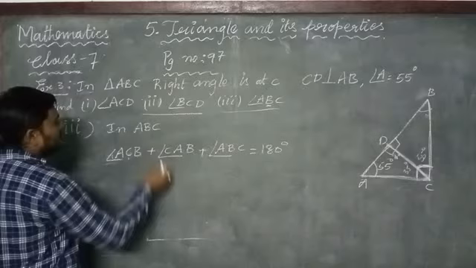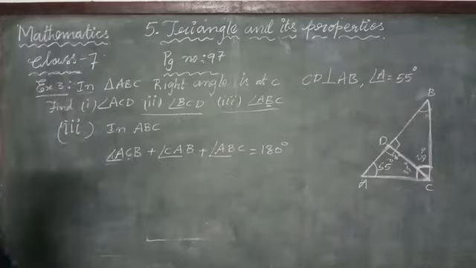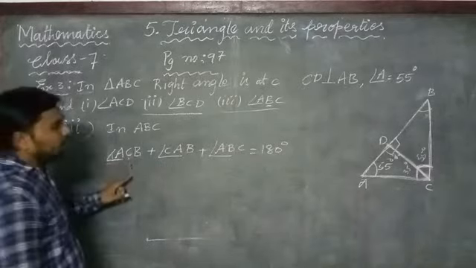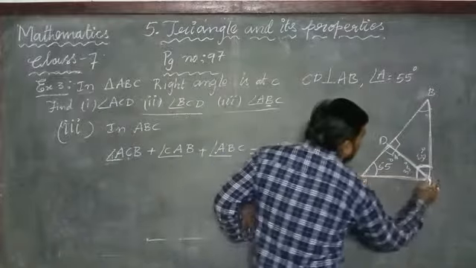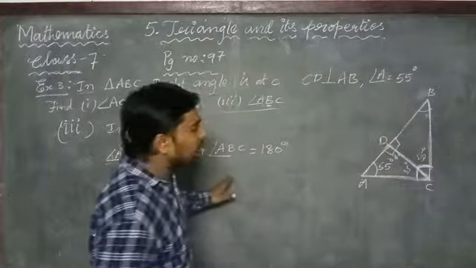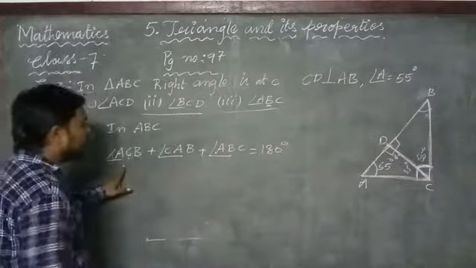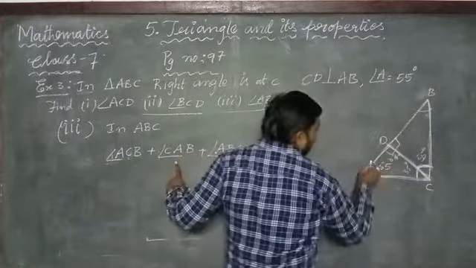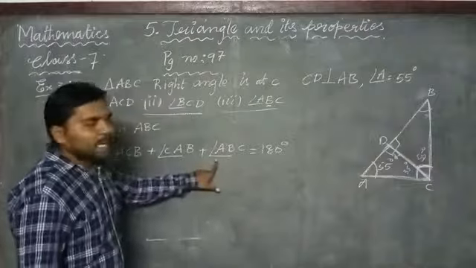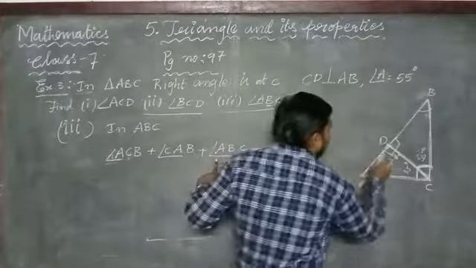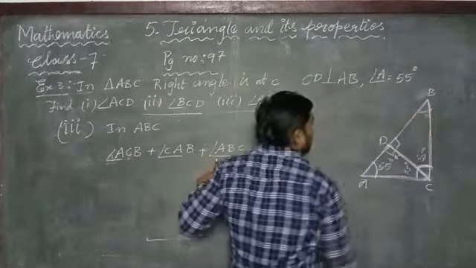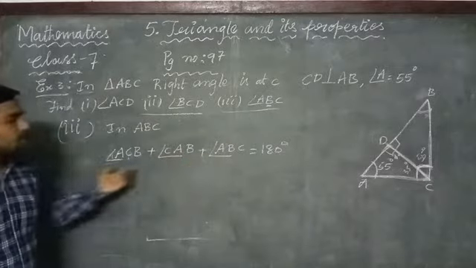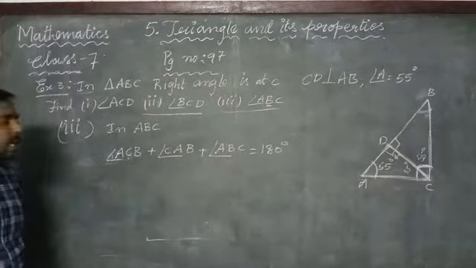From triangle ABC, we can write the angles like this: angle ACB, it is showing the angle at C, and angle CAB, it is showing the angle at A, and angle ABC, it is showing the angle at B. All the sum of three angles in a triangle is 180 degrees.